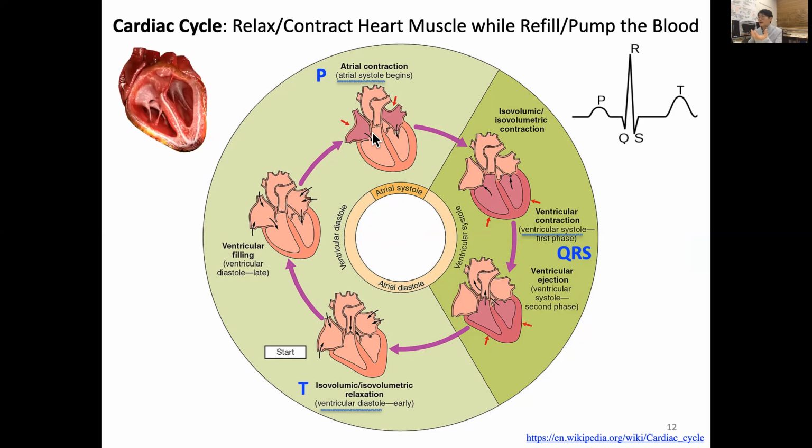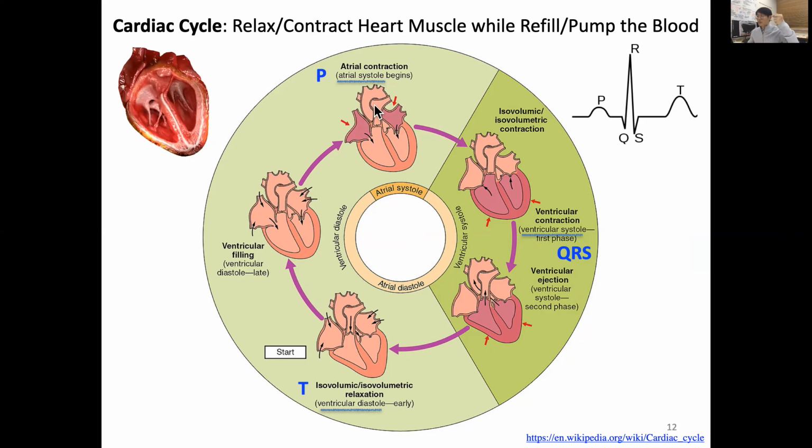And then the atria have to contract to push, so that we call atrial systole, and that atrial systole can be detected in the ECG diagram here as a P wave. And then what happens?